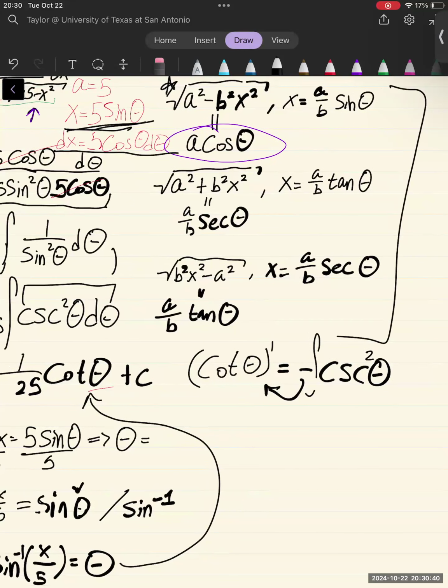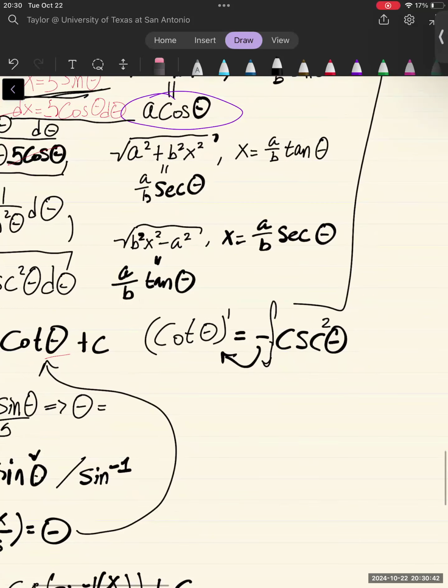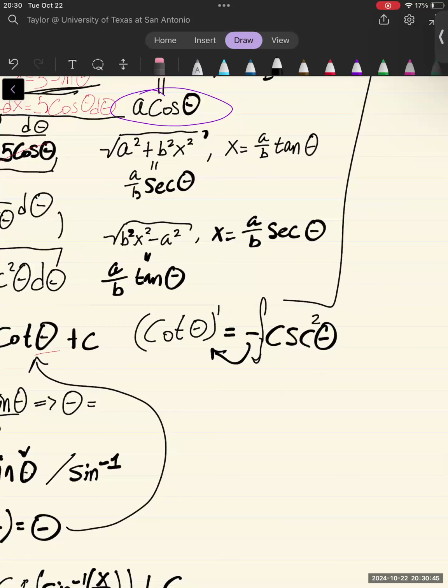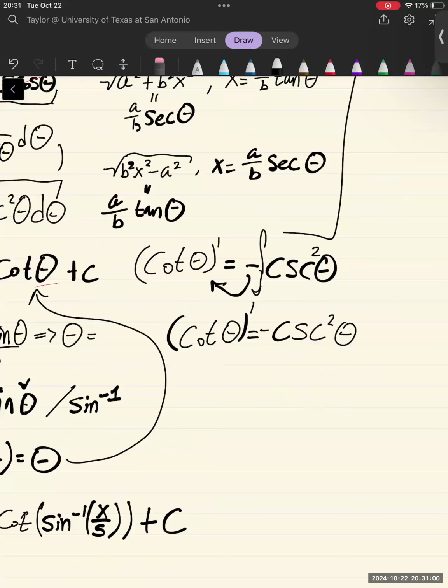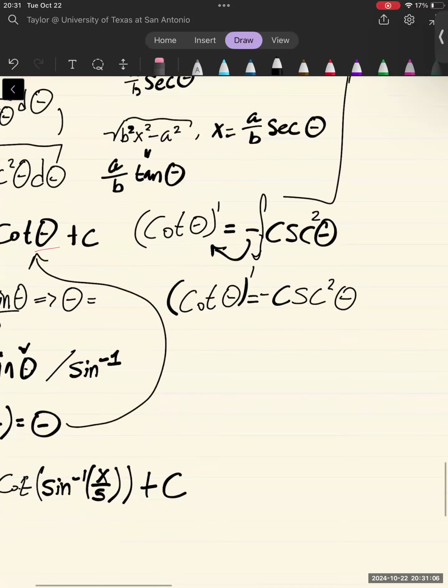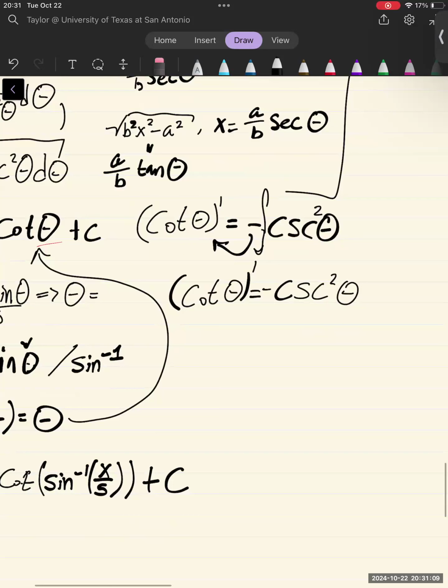I guess, can you explain a bit how you're moving the negative? Yeah. So again, we have the derivative of cotangent theta equals negative cosecant squared theta, right? Now if I take this integral, the integral of negative cosecant squared, it's important to recognize that this expression, including the negative, is cotangent.